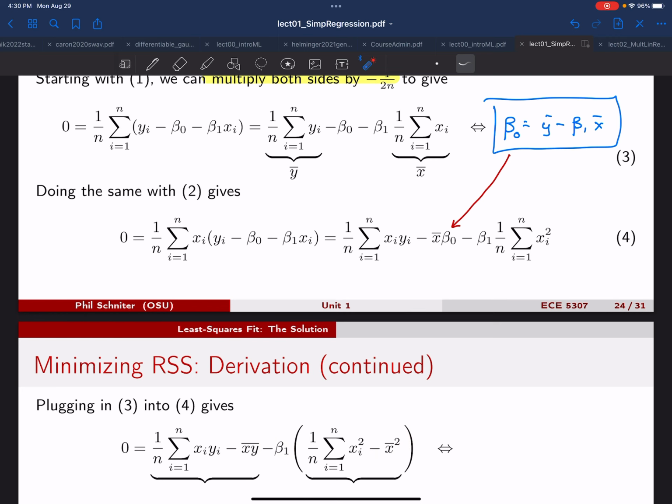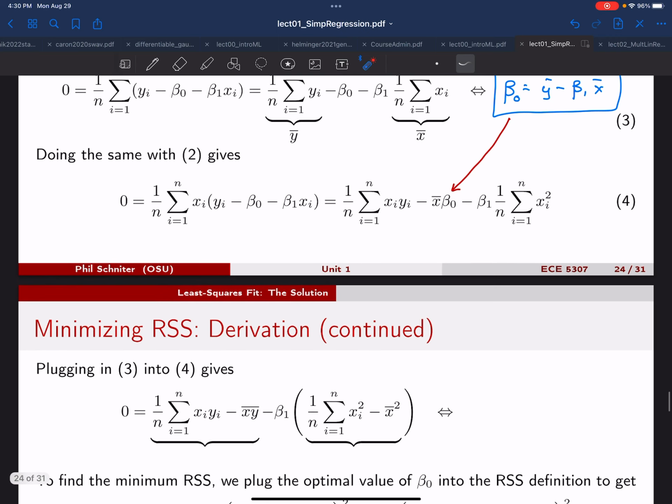Okay, and so now that we have this sum minus that, we can use that equation that we saw a few pages back and realize that this is just S sub xy. This is the covariance between x and y. This is not the normalized one, not rho xy. This is the unnormalized one. And on the right, does anybody remember what that's going to be? It's the variance.